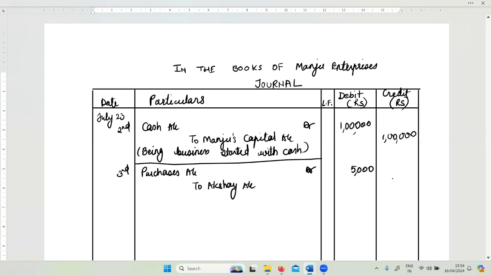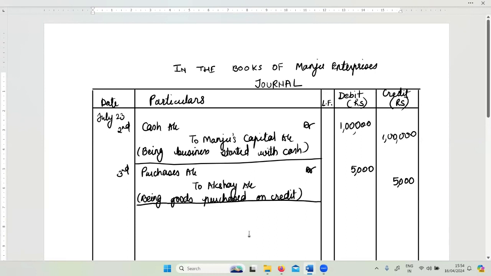So, Akshay's account 5,000. Right? Being goods purchased from Akshay or goods purchased on credit. Fine. This is the second transaction that we have done.